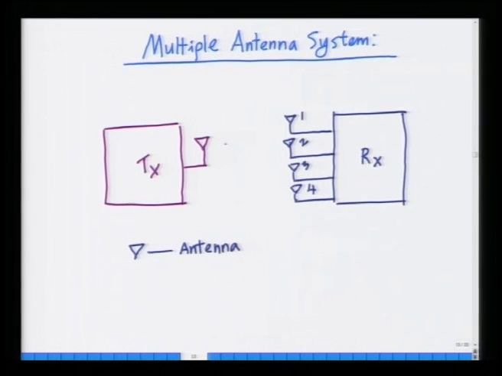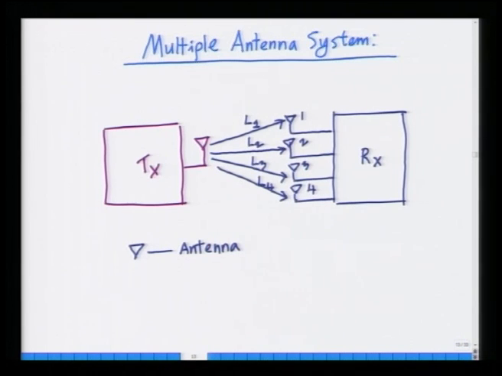Now, between the transmit antenna and receive antenna 1, there is a link. Between transmit antenna and receive antenna 2, there is a link. Between transmit antenna and receive antenna 3 and between transmit antenna and receive antenna 4, there are also links. So, now I have L1, L2, L3, L4.